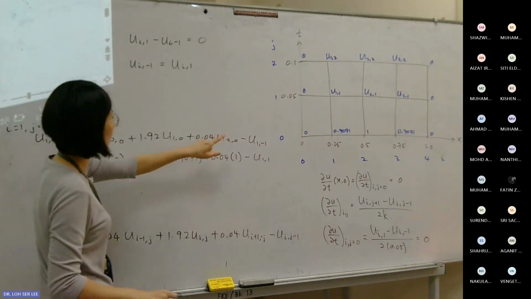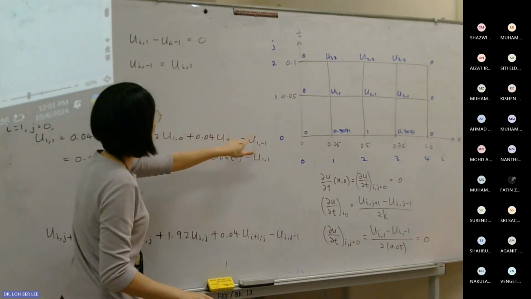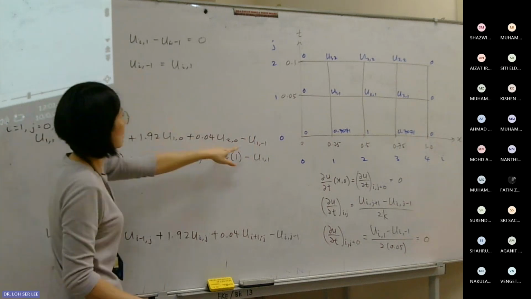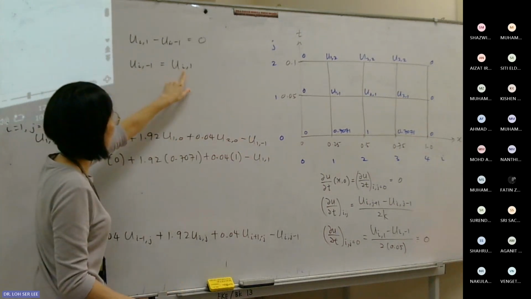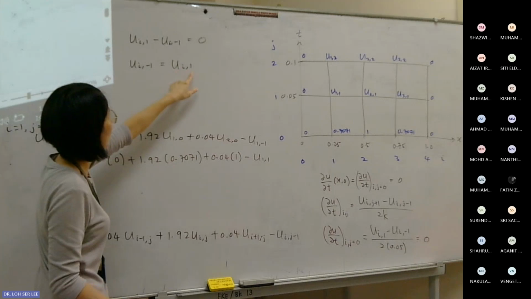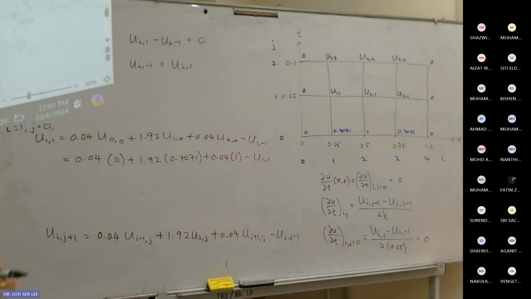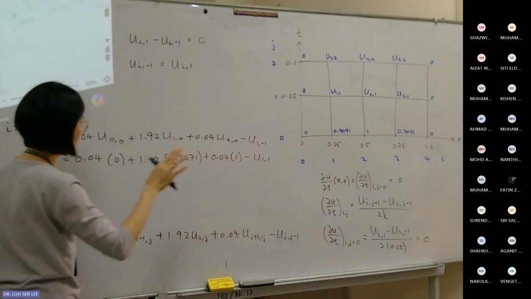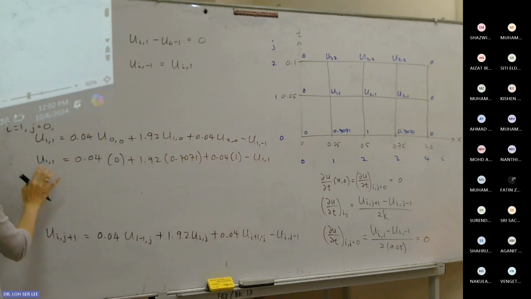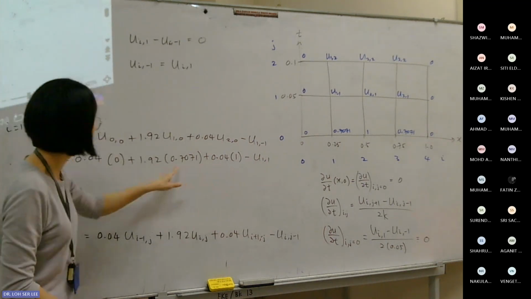So again, this one equals to this. When I is 1, this is U11. So this U11, we will move to the left to combine with this U11. So you have 2 U11. Then find 6 values.